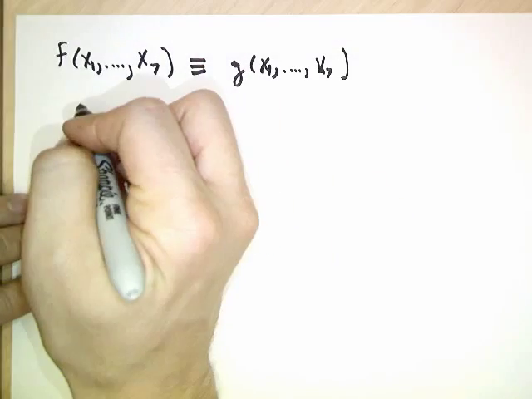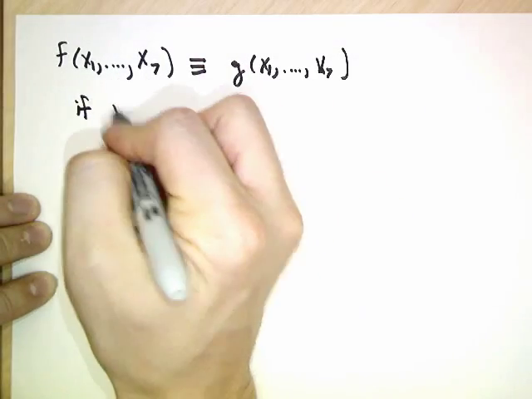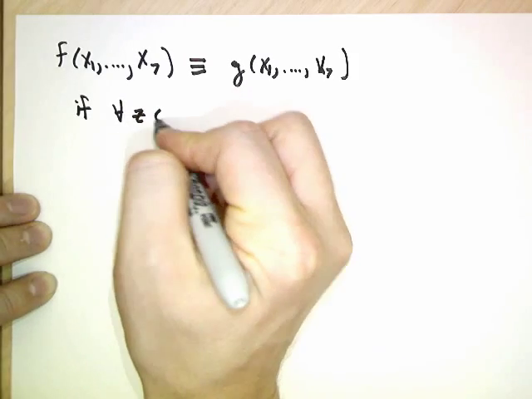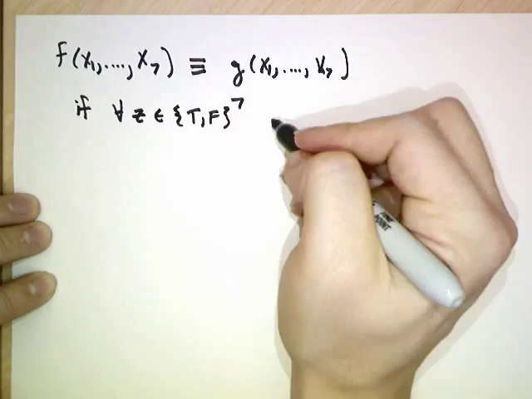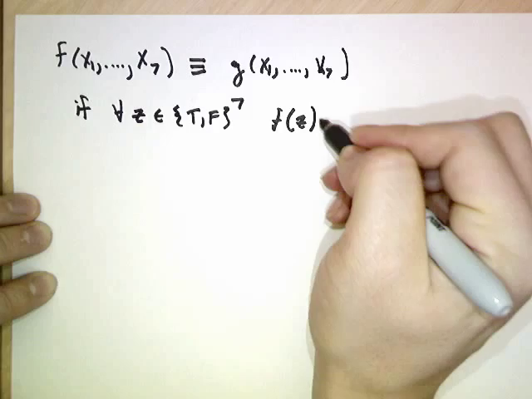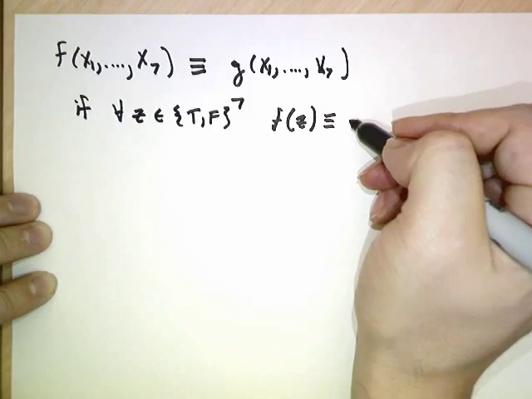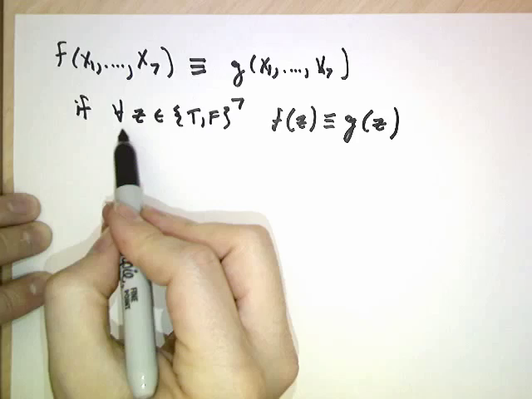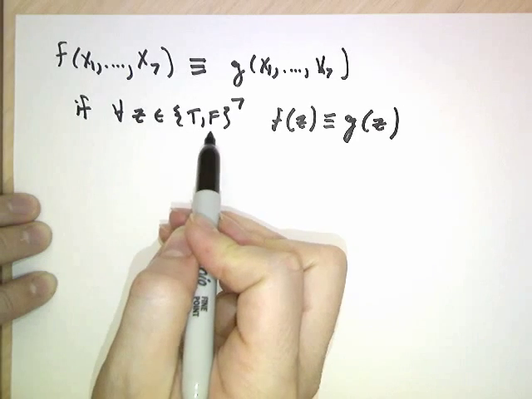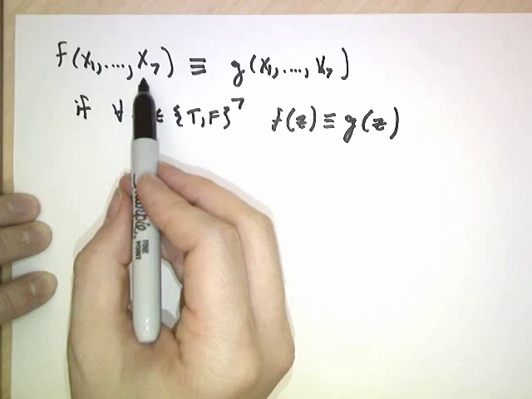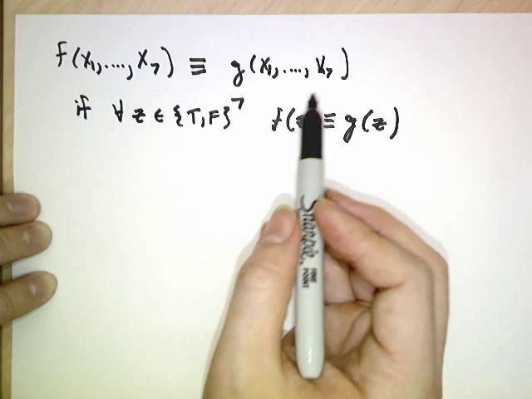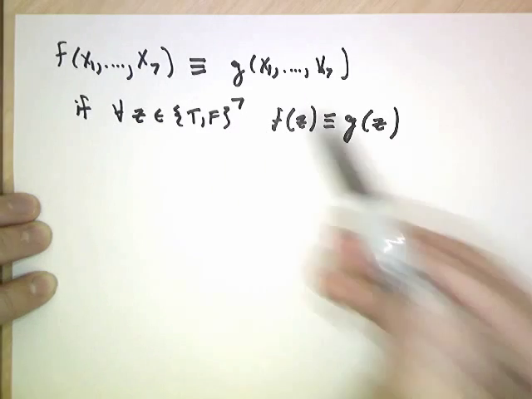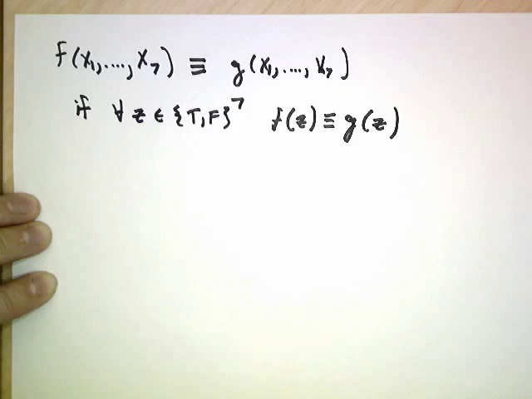So f is equivalent to g if for every truth assignment of length 7, f of z takes the same value as g of z. So for every assignment of true, false of length 7 that you put inside f, whatever value you get, you should get the identical value when you plug it into g. And this is how we proved one of the distributive laws for Boolean formulas a module ago.